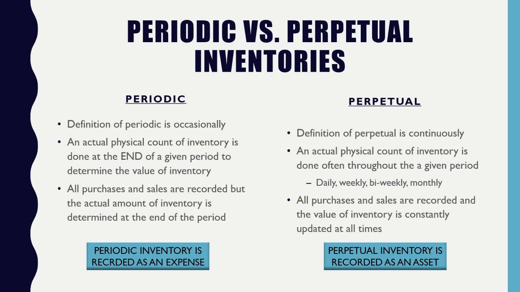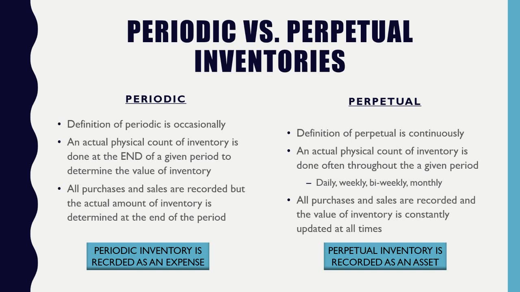Okay? Here's another key difference between periodic and perpetual. Under periodic inventory, since we don't care to keep track of it as often, because of the product that we're selling, it doesn't necessarily mean we have to keep track of it all the time.